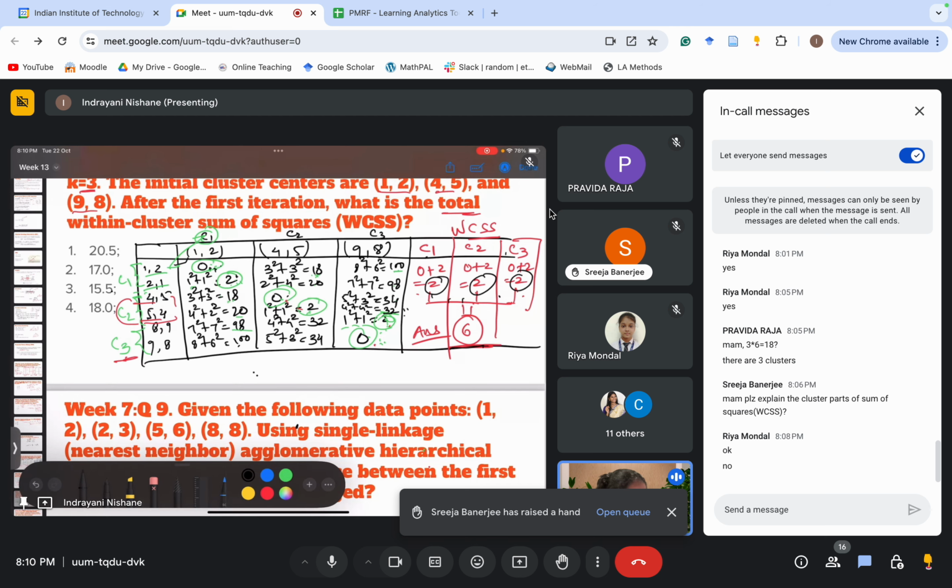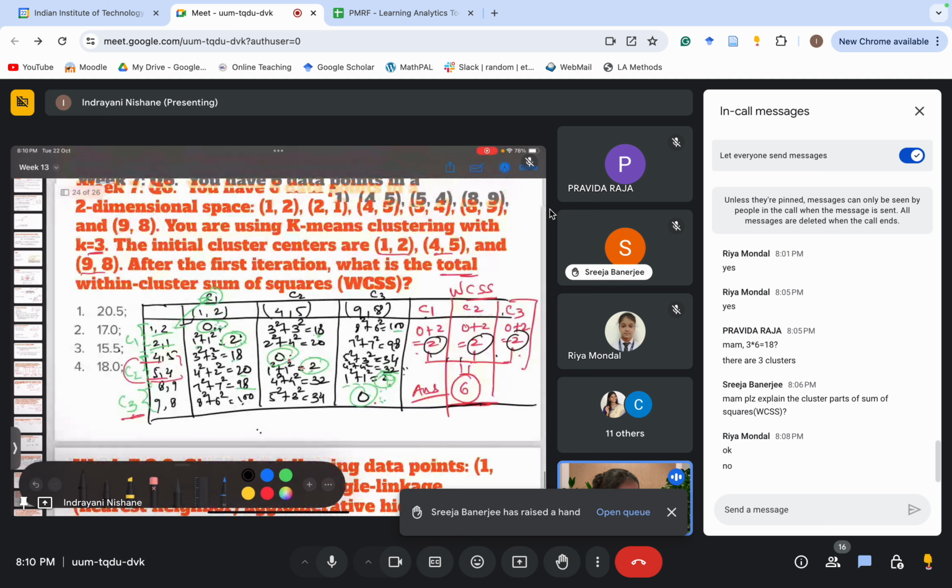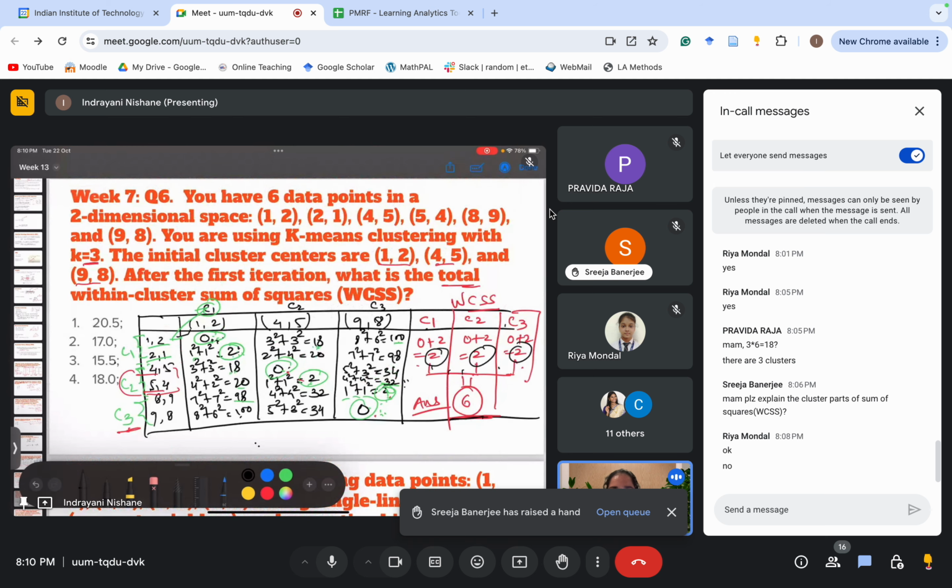I'll give you some time to type in the chat box, since your doubt is related to this question. Let's dwell on this slide for some time till Shrija asks what she wanted to ask.